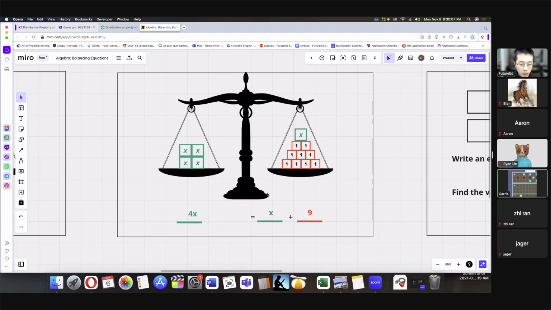So how can we simplify this, Garrus? How can we find what x actually is? So 4x's is equivalent to 1x plus 9.